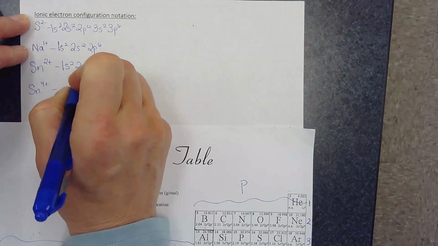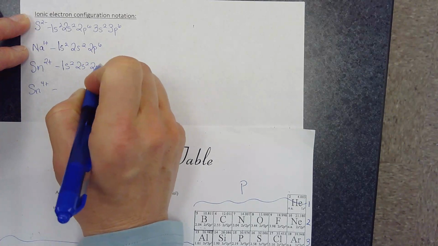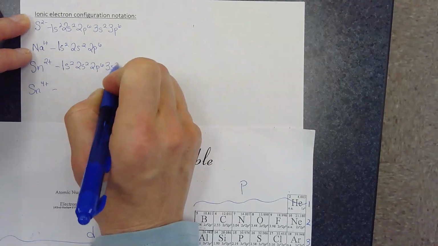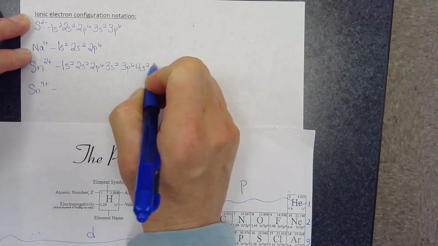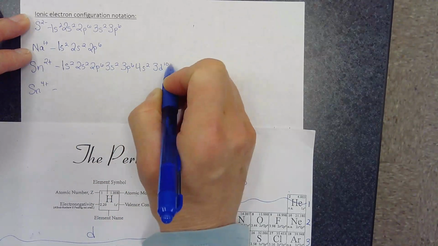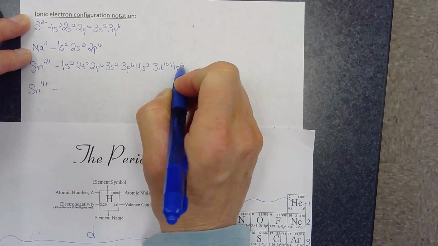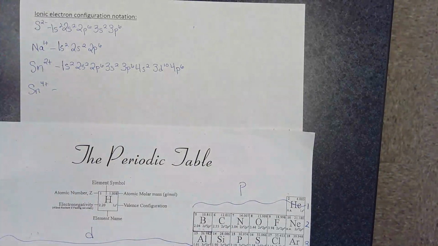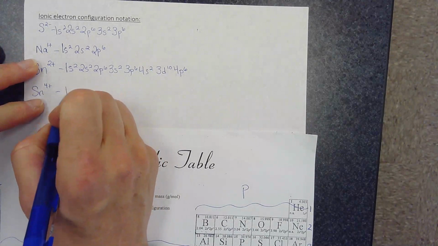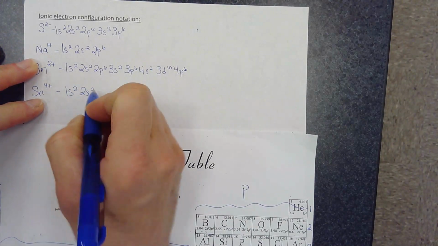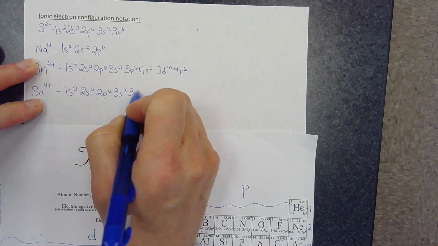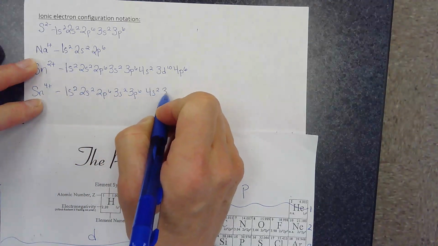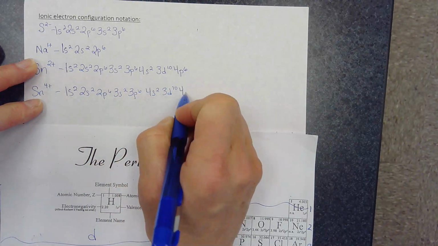1s2, 2s2, 2p6, 3s2, 3p6, 4s2, 3d10, 4p6, and that's krypton. Everybody with me? Do that again for the one right below it. So 1s2, 2s2, 2p6, 3s2, 3p6, 4s2, 3d10, 4p6.